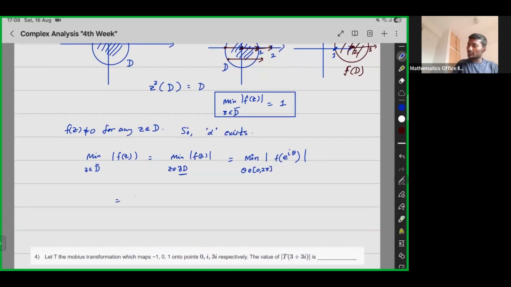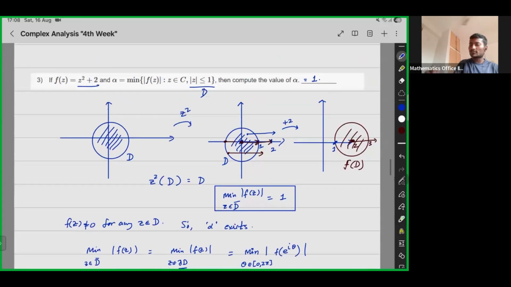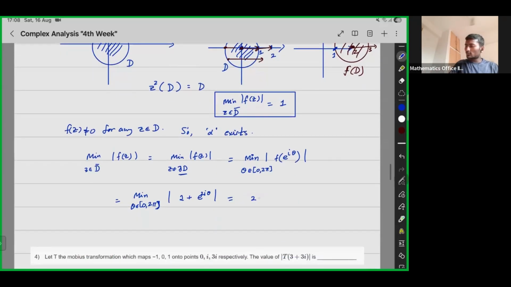So now I'm going to put in the value of f, minimum over theta belonging to 0 to 2 pi. One side it should be open, but no problem. This is nothing but the modulus of 2 plus e power i theta squared, that is, e power 2i theta. So this is the function z squared plus 2. Now we write 2 plus cos theta plus i sin theta.